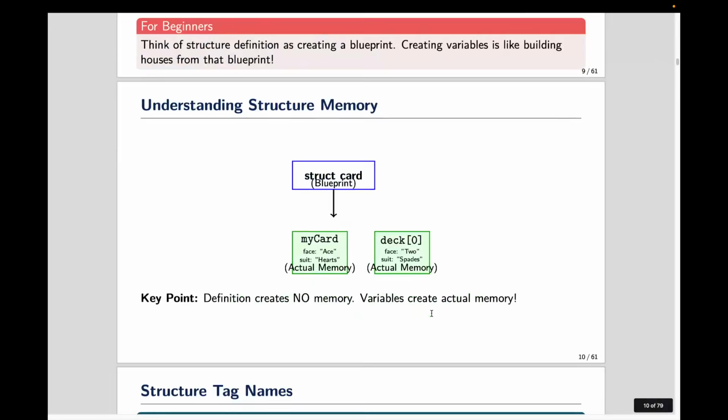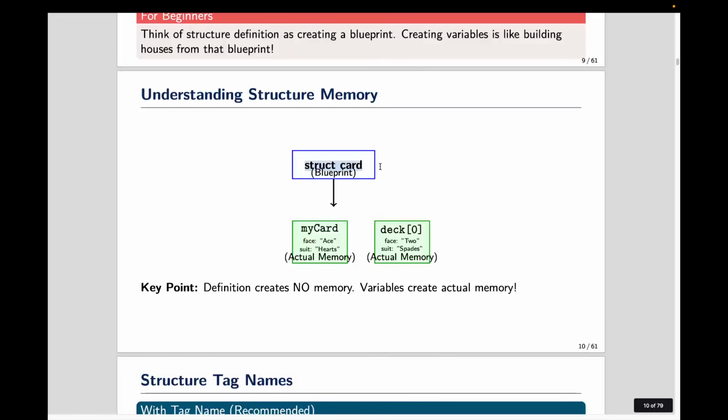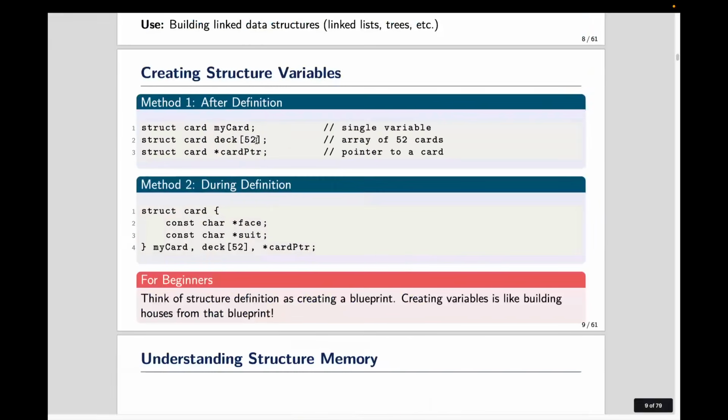Now, just to give you an idea, I have a struct card blueprint. My card is another structure. Deck 0 is another one. Deck 1 will be another one. Deck 2 will be another one. Deck 51 will be another one. Because remember, when you are talking about arrays, this will be an array from 0 to 51. 52 is never the position. I hope you remember that from arrays. Whenever you are defining an array, it goes from 0 to n minus 1.